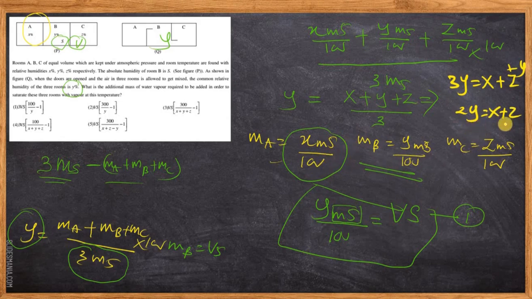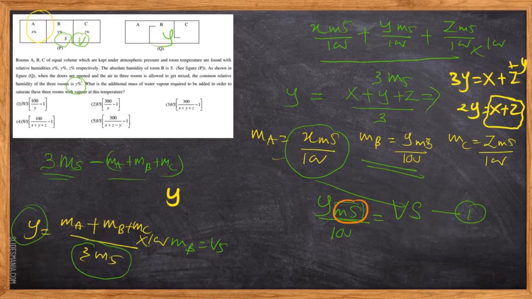So 2Y equals X plus Z, that's helpful when we are doing this question. So finally we got Y. We are getting closer to the answer now.